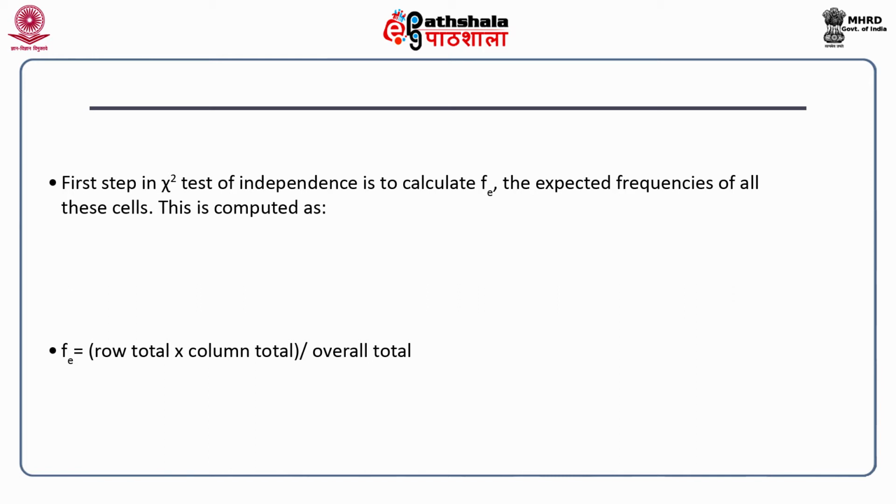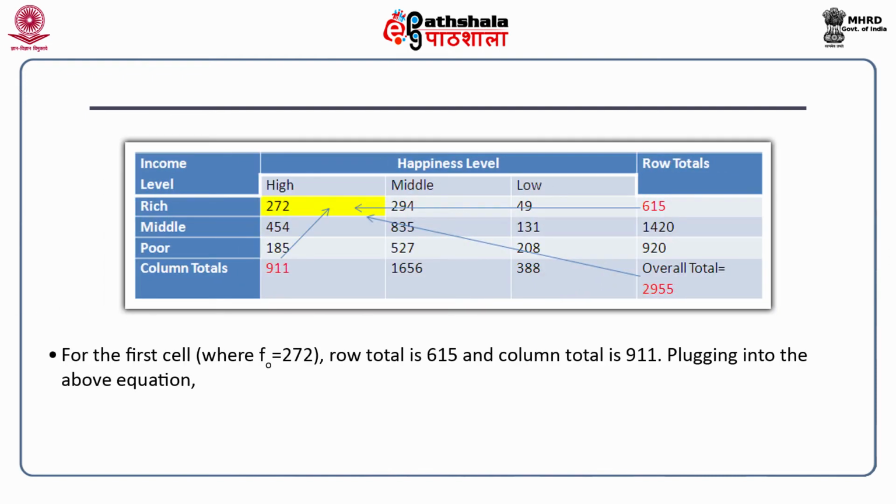The expected frequencies of all these cells need to be computed as the row total times the column total divided by the overall total. So you have to multiply the row total with the column total and divide it by the overall total to get the expected frequency of each cell. For example, the first cell here is 272. The number in that particular cell doesn't matter.